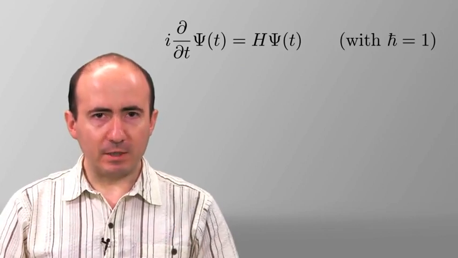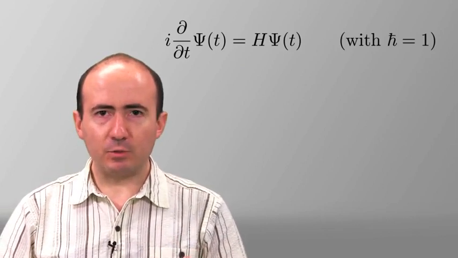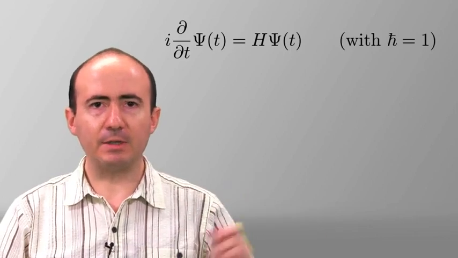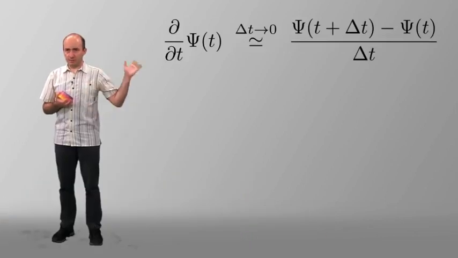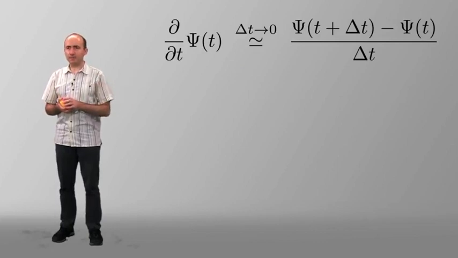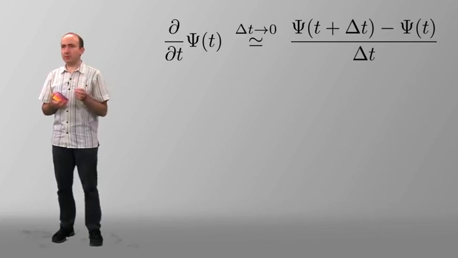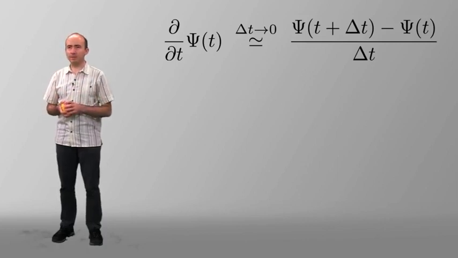To solve this equation, one may be tempted to replace the time derivative by a first-order approximation, which is displayed there, but this is not an option in our case because this would break the conservation of probability.